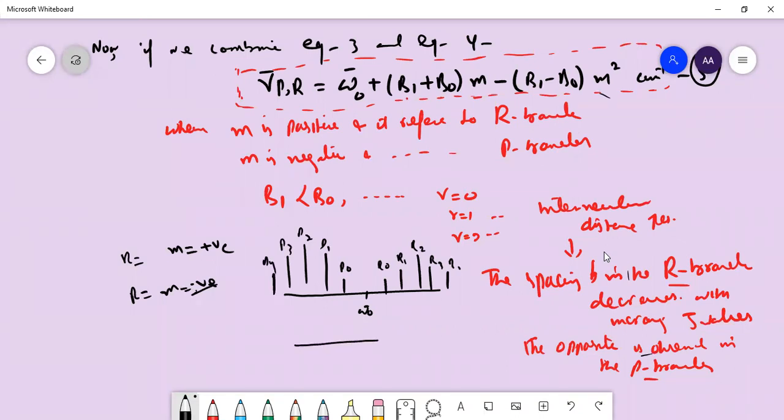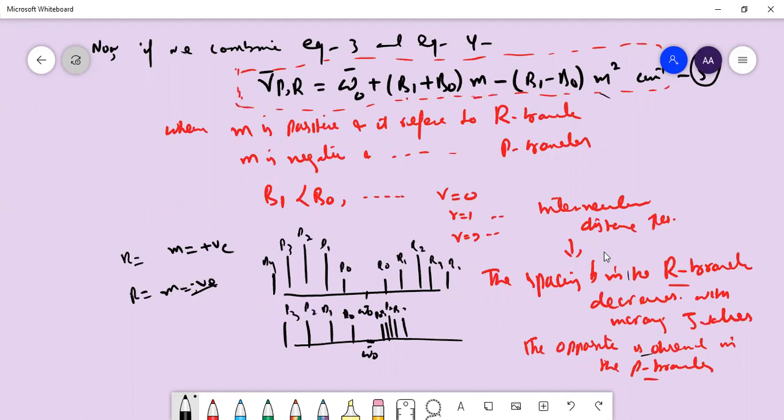The effect of this will be that the spacing between the R branches decreases. The lines become more and more near, R0, R1, R2, R3, R4, and on the left side the spacing between the P branches will increase. So this is P0, P1, P2, P3.